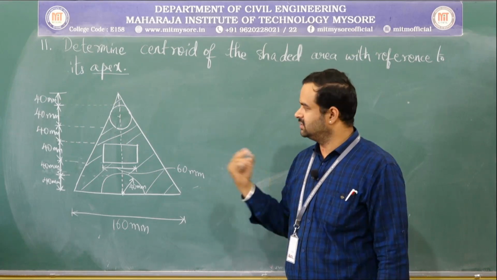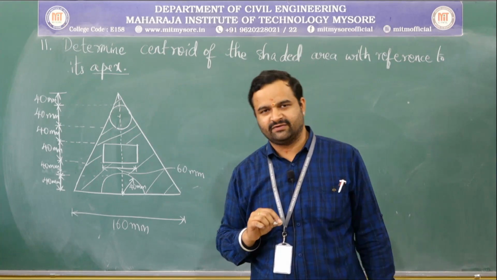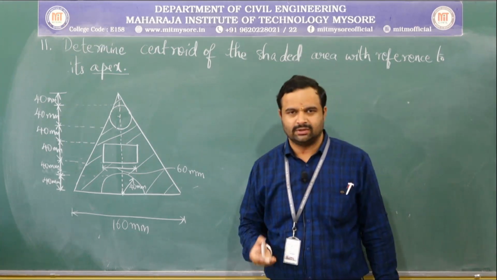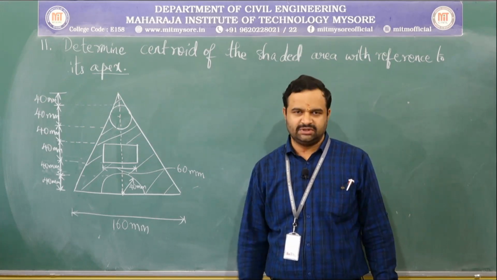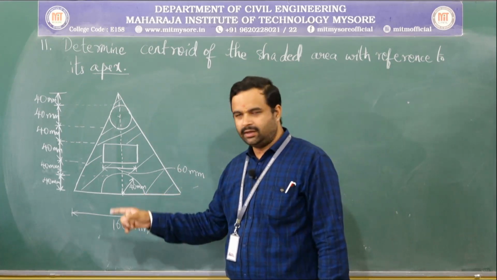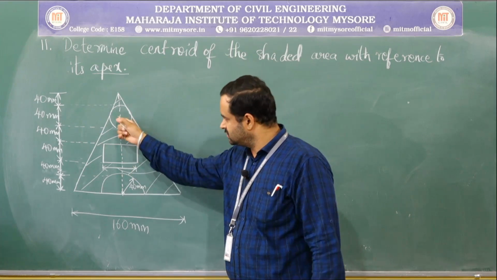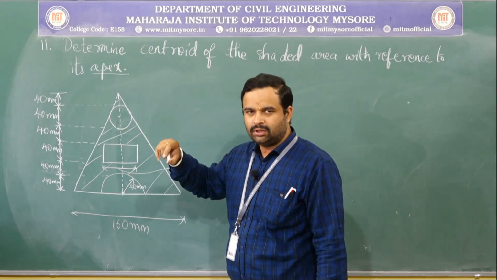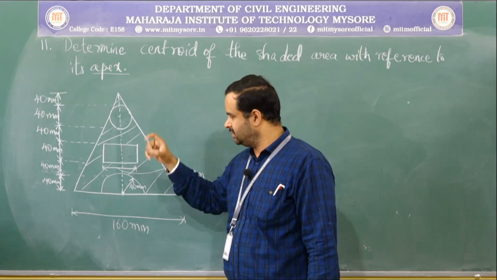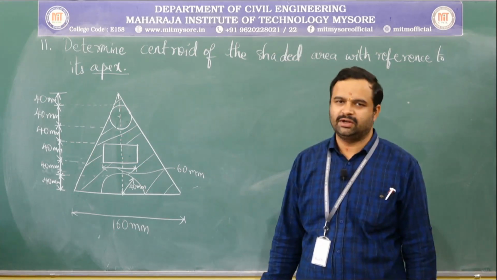Okay. Then the second step is try to write the coordinate axis or the reference axis, and the third step is you need to give the numbers or divide the components into different sections. So, here I can name the bigger triangle as component number 1, then this circle which has to be removed component 2, similarly this rectangle will be component 3, and at last this semicircle shall be component 4.